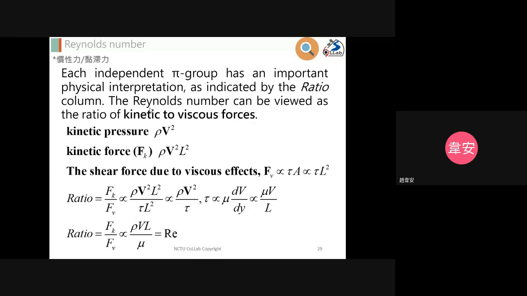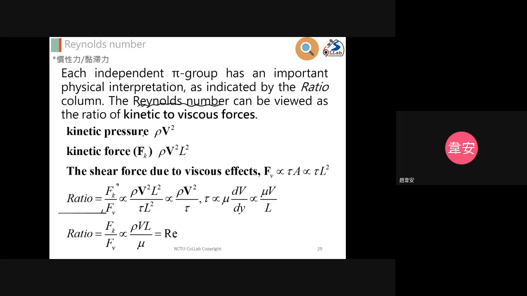Each independent pi group has an important physical interpretation as indicated by the ratios column. So what are the meanings? The Reynolds number can be viewed as the ratio of kinetic to viscous force. So we first define the ratio between the kinetic and the viscous force.